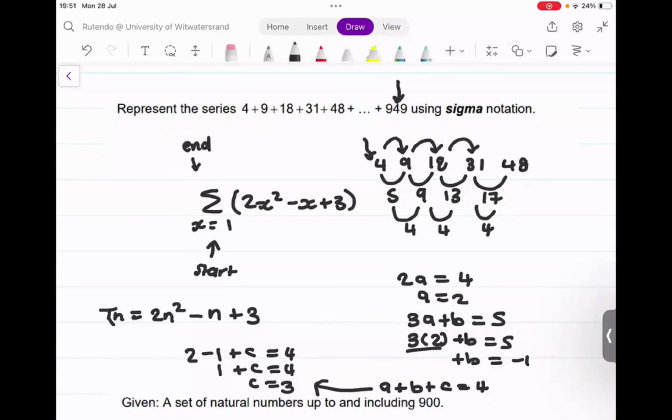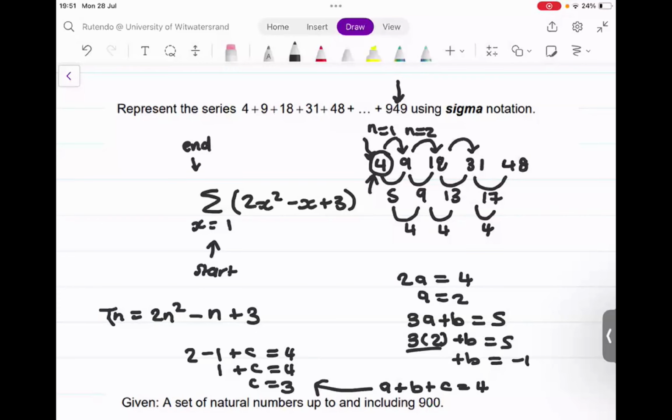So we said 1 because it's the first term. When we get 4, we always start at n equals 1, n equals 2. So it'll always start at 1 unless they give you 1 at the end. We'll be done in like 9 minutes.